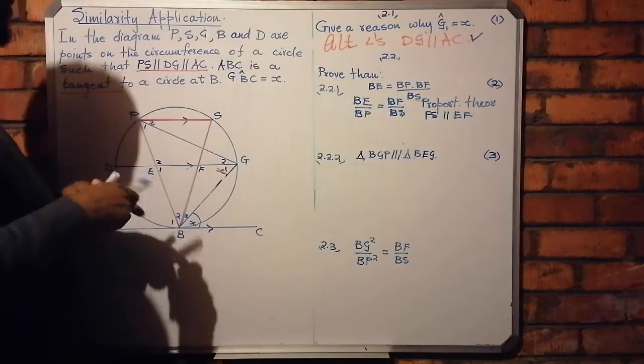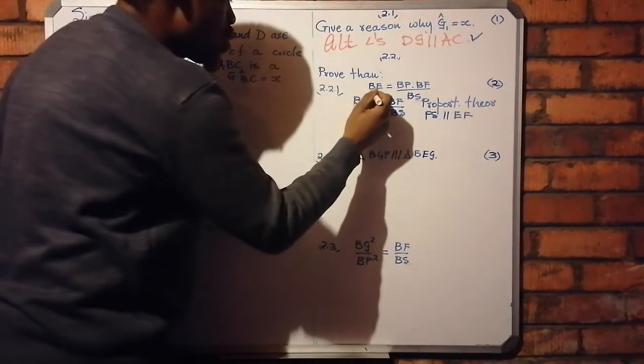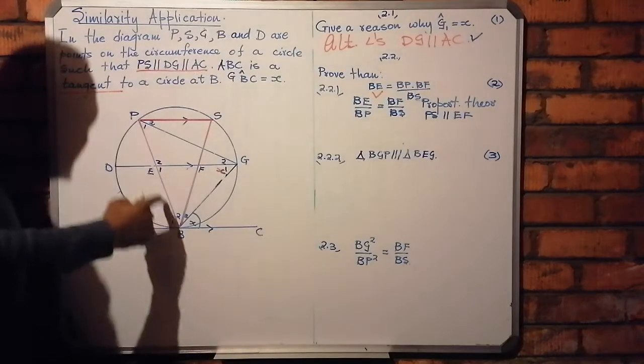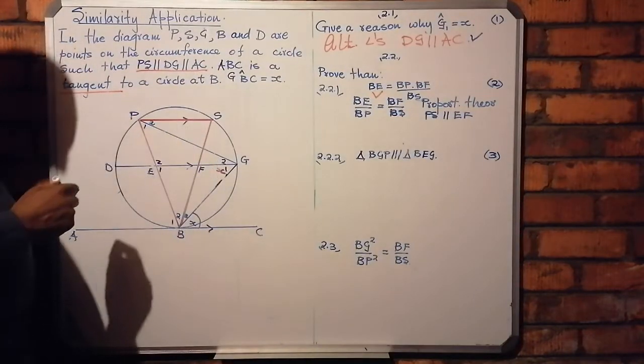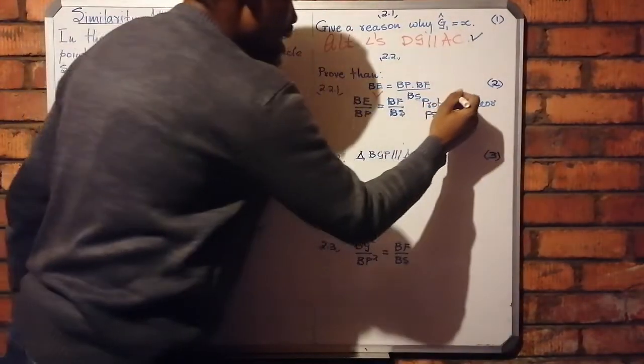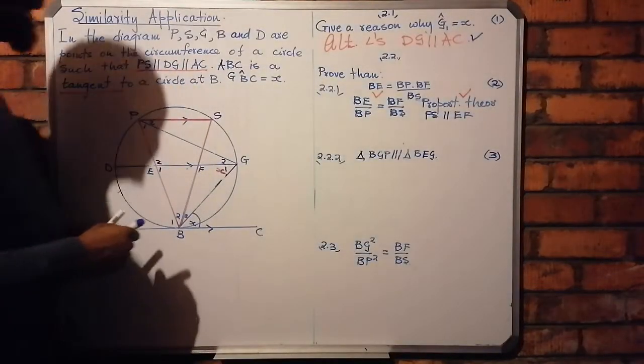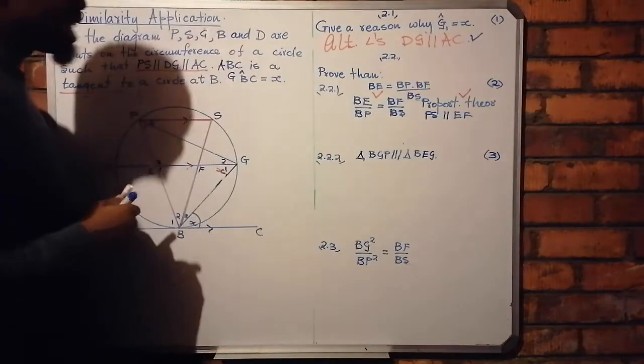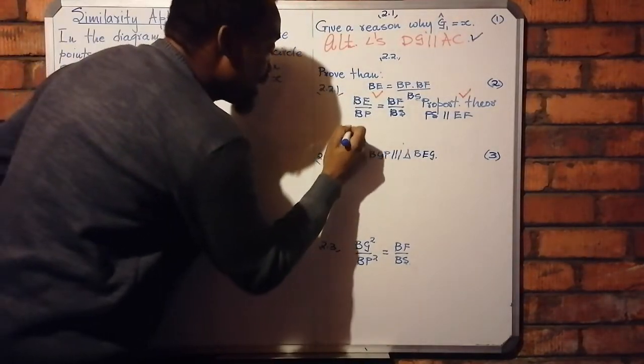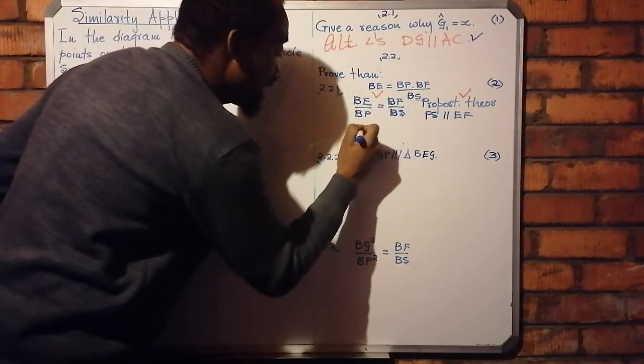Now, how do we get our marks? 1 mark is for noticing that you must use proportionality. 1 mark is for the reason. Now, let's give them what they want. We just made BE the subject of the formula.